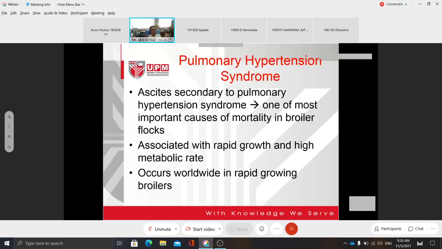Back in 1900, the chickens were kept free range. Now all the chickens live indoors, in a closed house system, air conditioned, very hygienic, so they basically eat and sleep. That's why they get fat very fast. So it occurs worldwide in rapid growing broilers, and it's been reported everywhere.